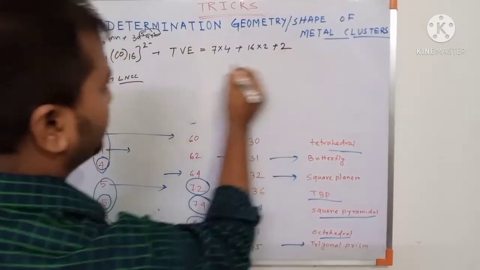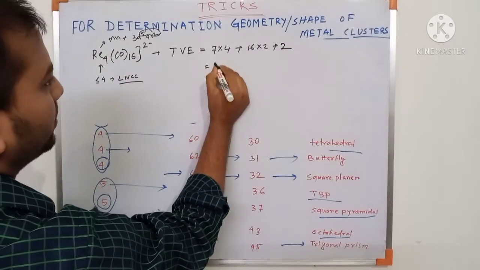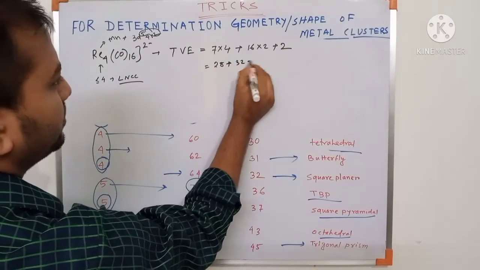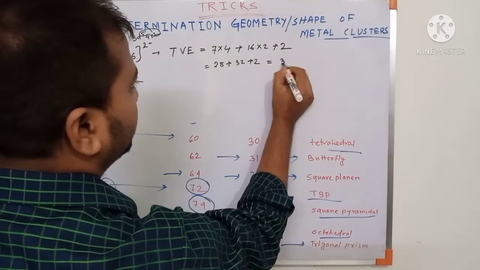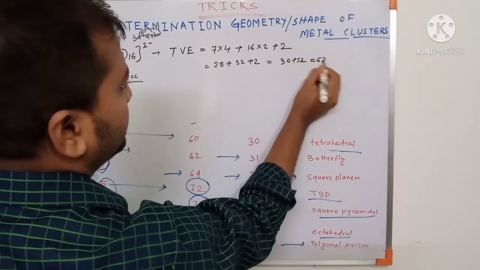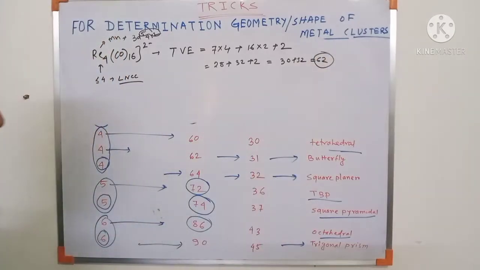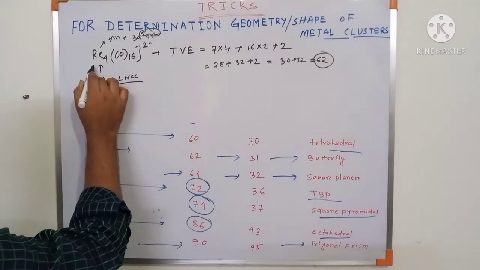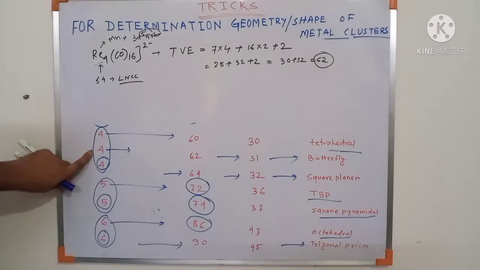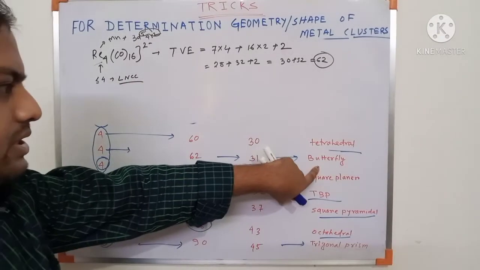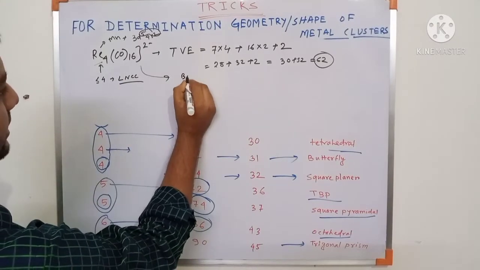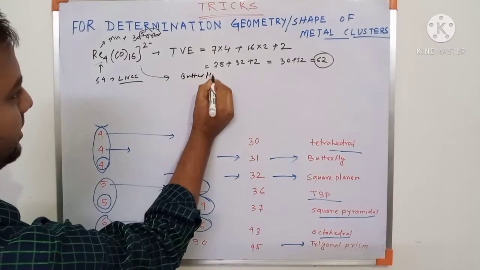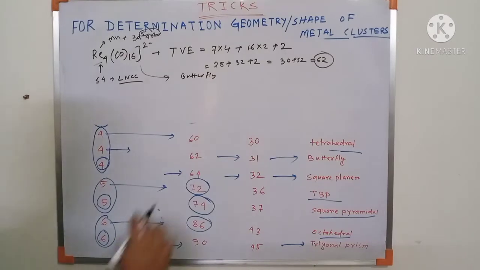So this is 28 plus 32 plus 2, equal to 30 plus 32, equal to 62. So with 4 metal atoms and 62 electrons, the geometry or shape is butterfly. Very easy, but remember these tricks.